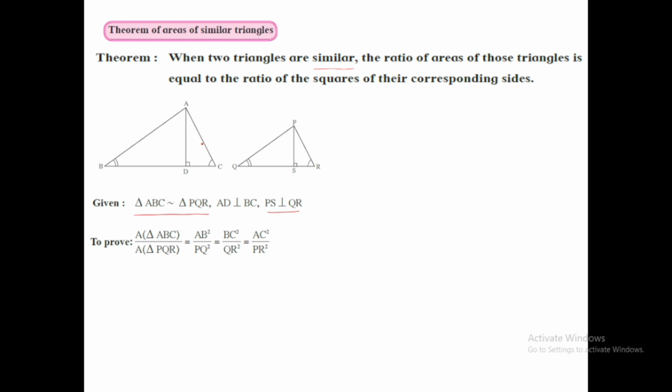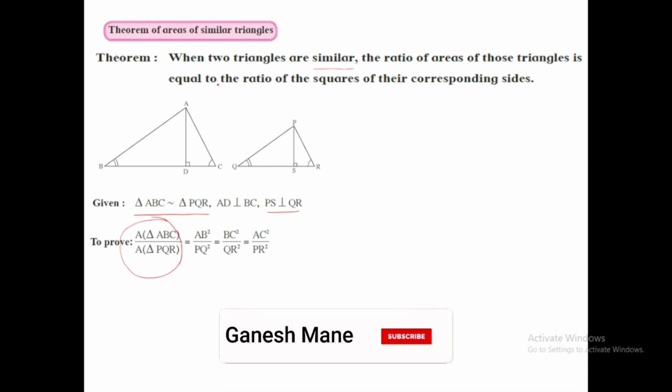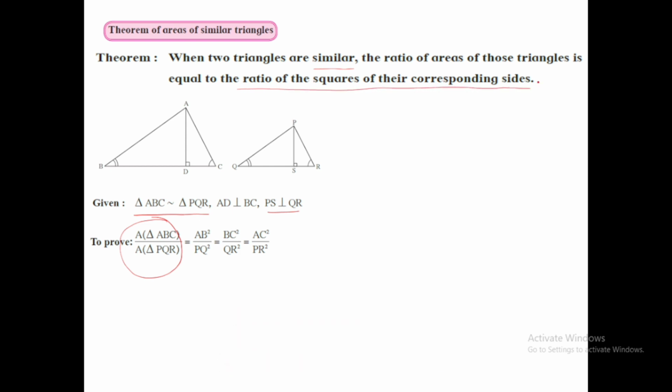So this is given, and from this we have to prove that if we take the ratio of areas of these two triangles, that is area of triangle ABC divided by area of triangle PQR, it must be equal to the ratio of squares of their corresponding sides. So the first ratio is AB divided by PQ, and we have to make it square. That's why it is AB square by PQ square. As it is a triangle, it must have three sides, that means three ratios.